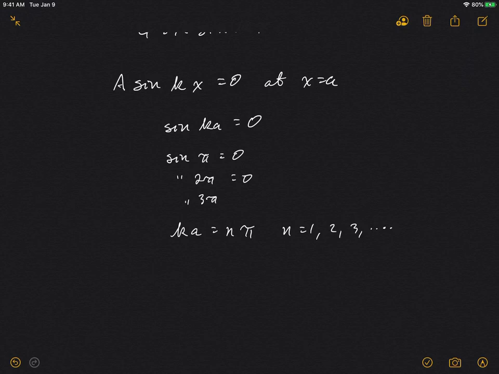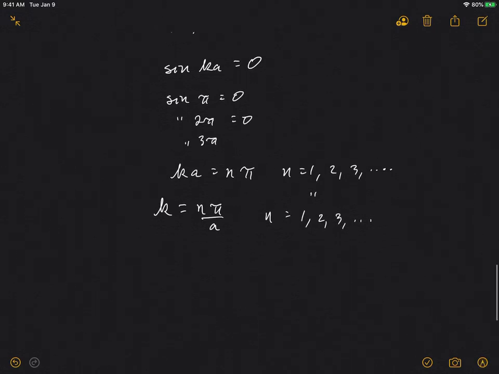And so then we can rearrange this, and this says that k has only certain values, n pi over a, where n equals 1, 2, 3. Okay, and then we can substitute that back into our wave function.